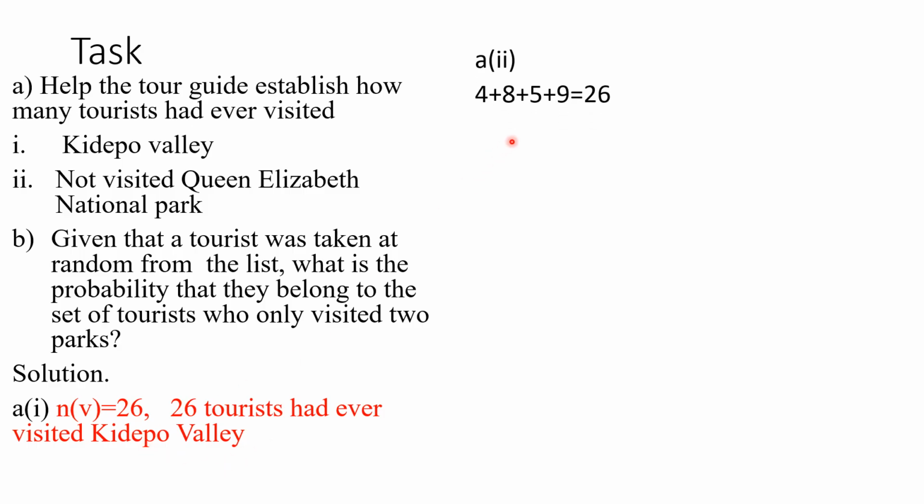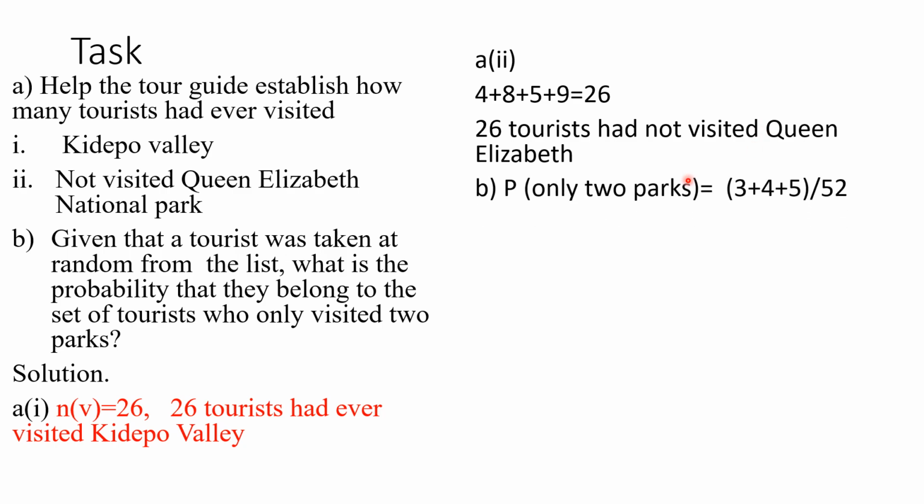And then those who had not visited Queen Elizabeth were 26. So we say 26 tourists had not visited Queen Elizabeth. Then the probability that a tourist had visited only 2 parks is 3 plus 4 plus 5 out of 52.